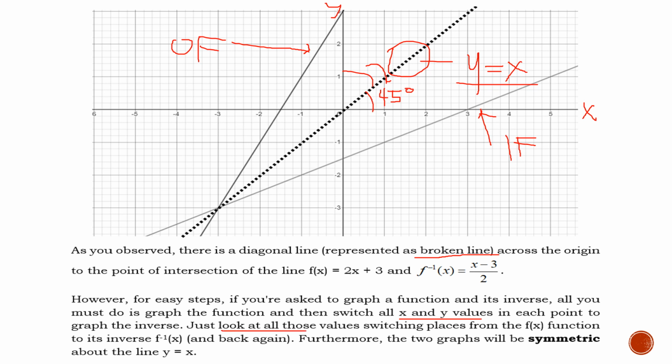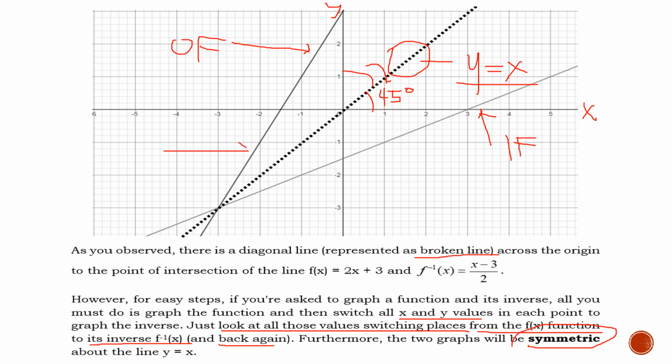Just look at all those values switching places from the f of x function to its inverse f raised to negative 1 of x and back again. Furthermore, the two graphs will be symmetric. So you need to take note of this.